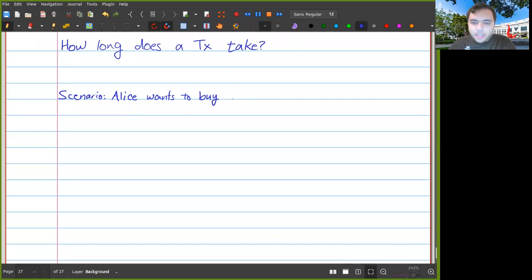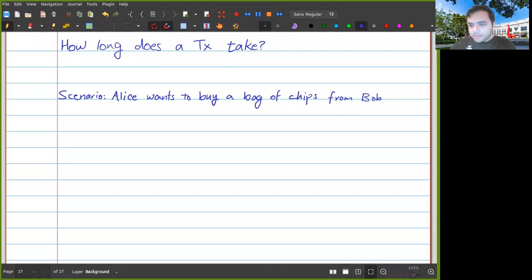For example, let's say she wants to buy a bag of chips, maybe. I don't care what it is exactly. The only thing that I care about is that it's not something on the blockchain. So it's something in the physical world. And Alice wants to buy it from Bob.